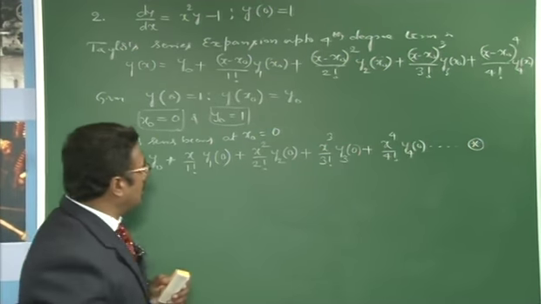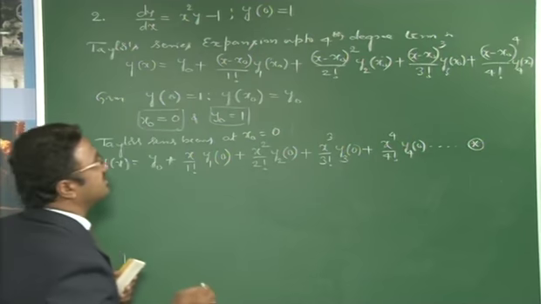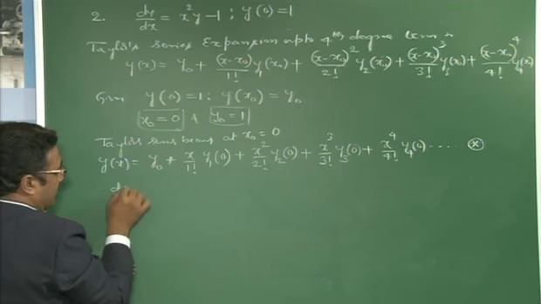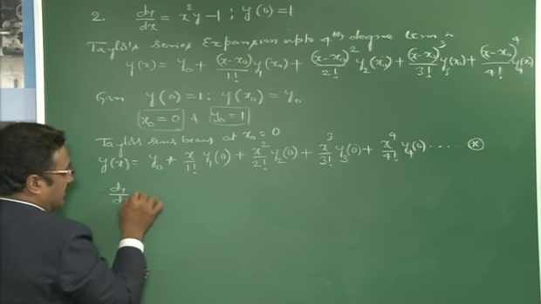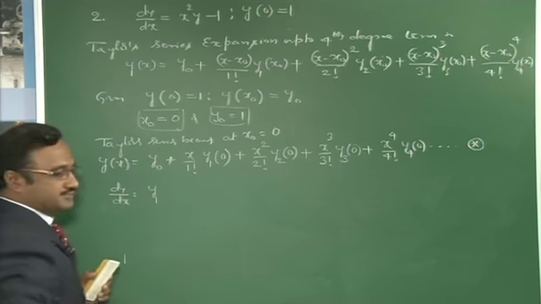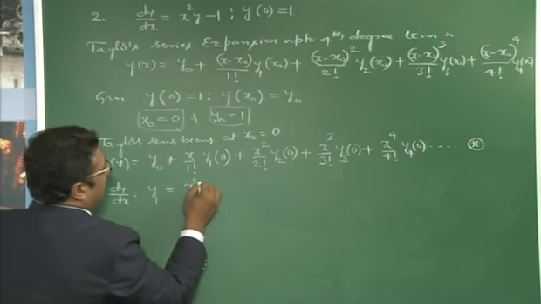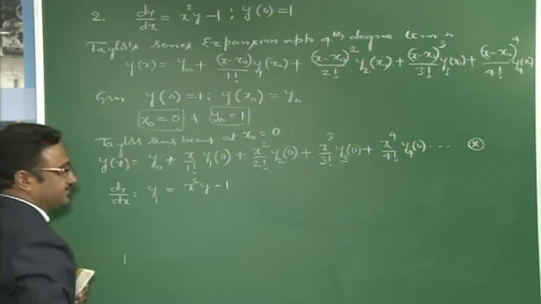Again you have to follow the same procedure as in the previous problem. Assume the derivative dy by dx as y1, which is equal to x square y minus 1.